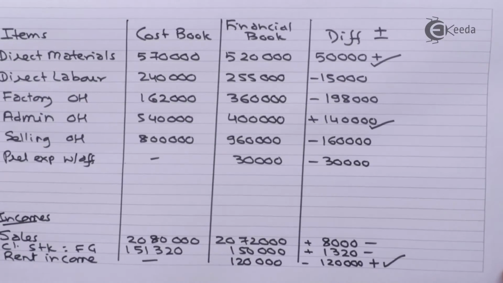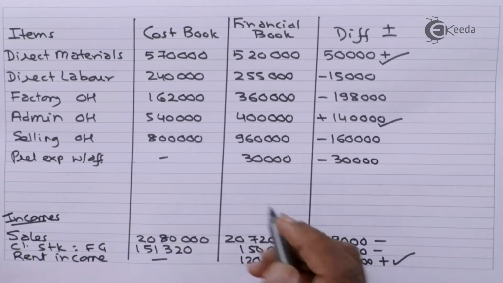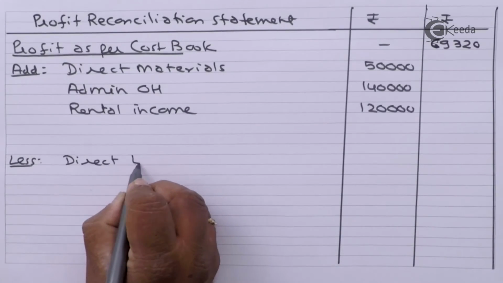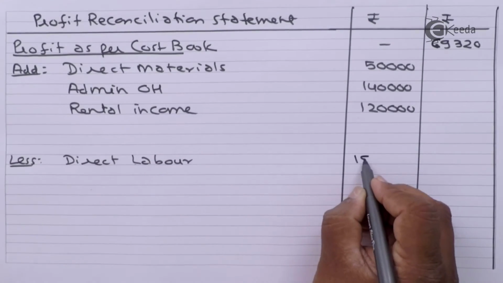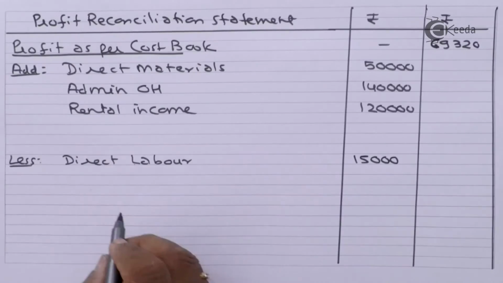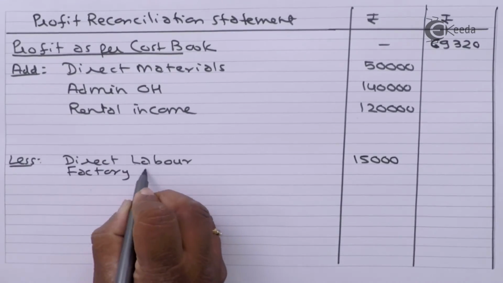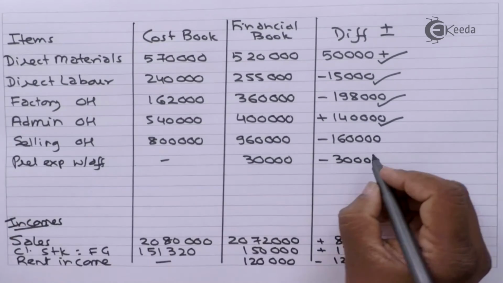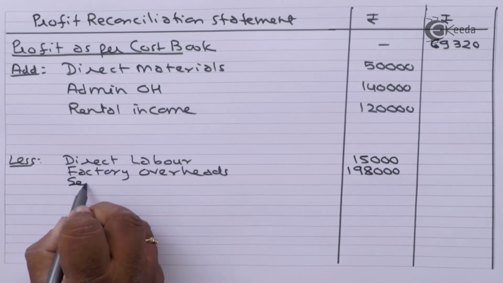Now we have to consider items to be deducted. Direct labor 15,000. Factory overheads 1,98,000. Selling overheads 1,60,000.